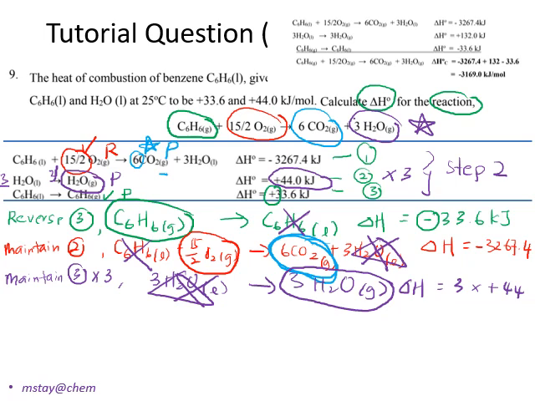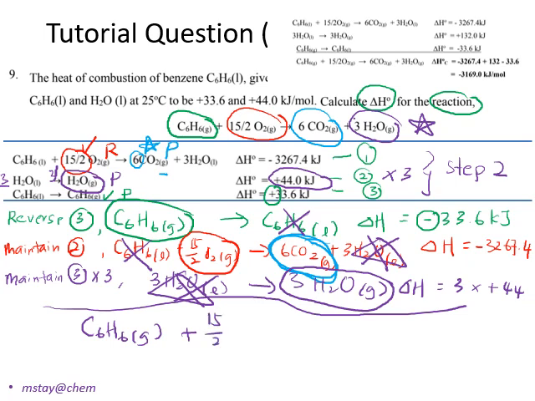After we cancel out, these are the remaining reactants and products in the reaction: 1 mole of benzene gas with 15/2 mole of oxygen gas, giving 6 mole of carbon dioxide gas plus 3 mole of H2O gas.